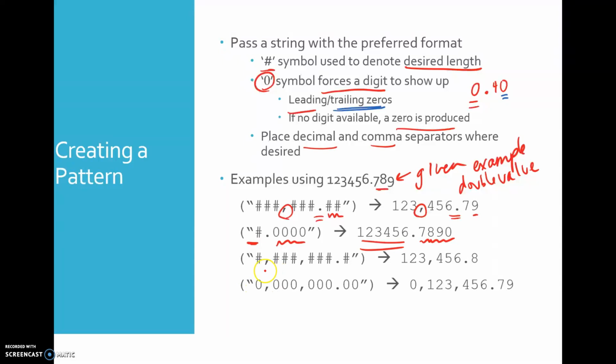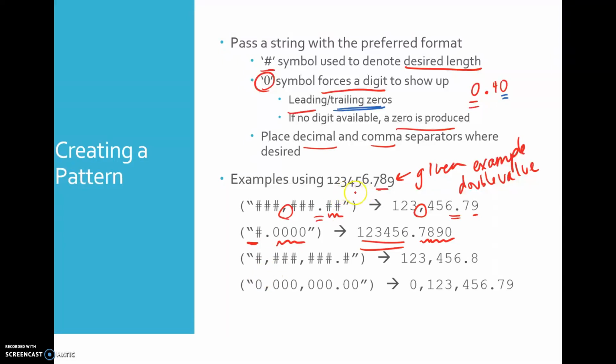Now on the next one, I also have the same format I saw in the beginning with the 3 numbers, comma, 3 numbers, and so on. Notice that these are using the hashtag or the number sign. So because we have that, it will only show the value if it exists.